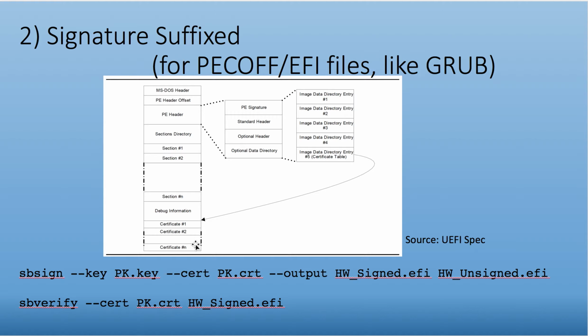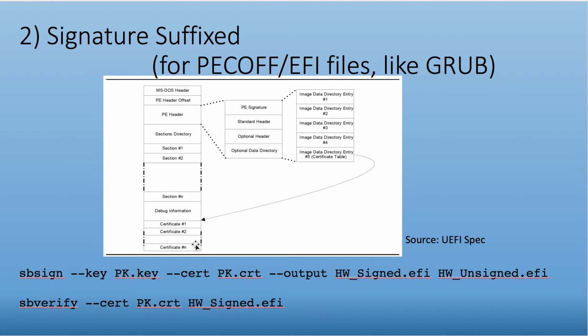Now there are various tools. OpenSSL is a common tool to sign various kinds of files, but there are some specific types of files, like the PE/COFF files, where you don't generate a signature for the whole file itself, but you look at the segments.